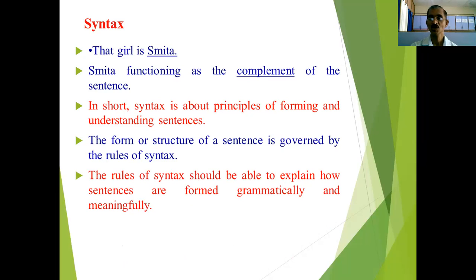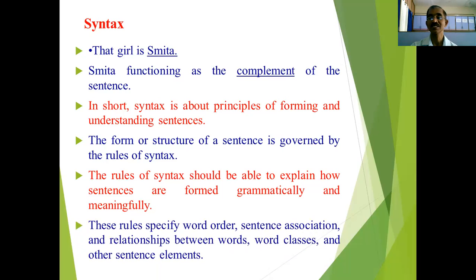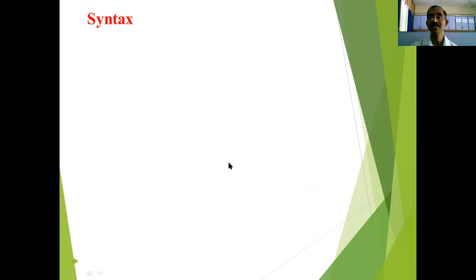The rules of syntax specify word order and sentence organization, and at the same time they specify the relationship between words, word classes and other sentence elements.